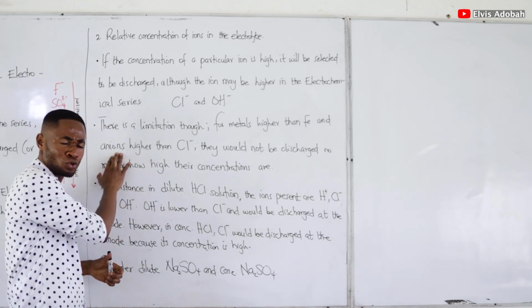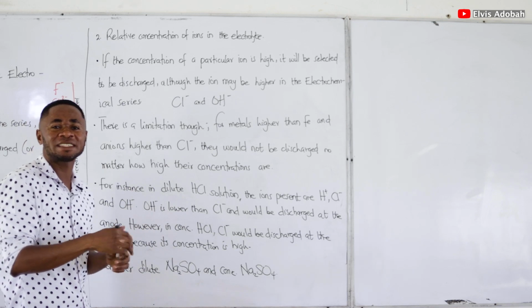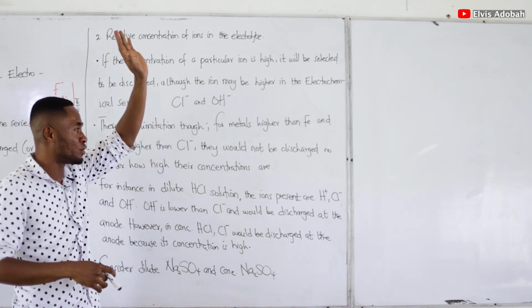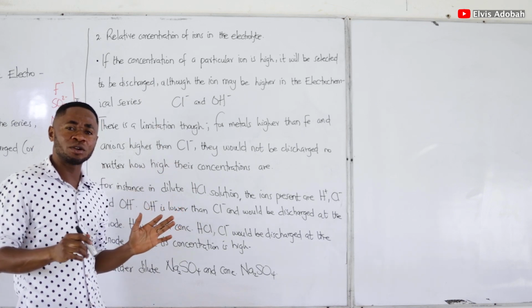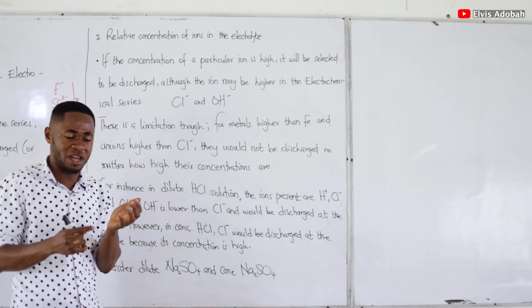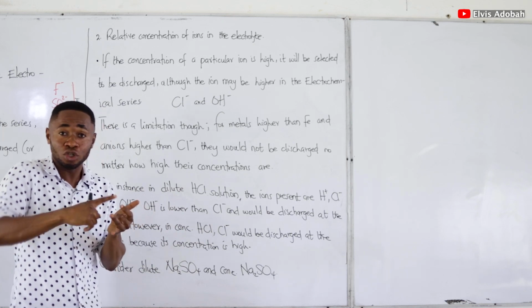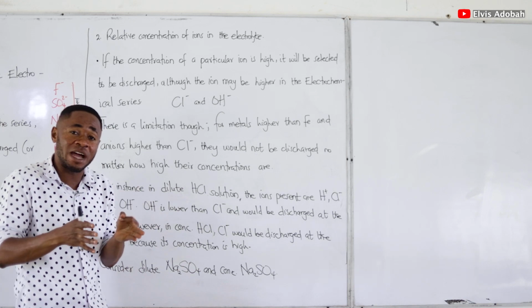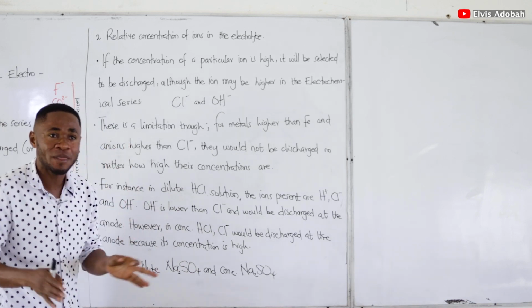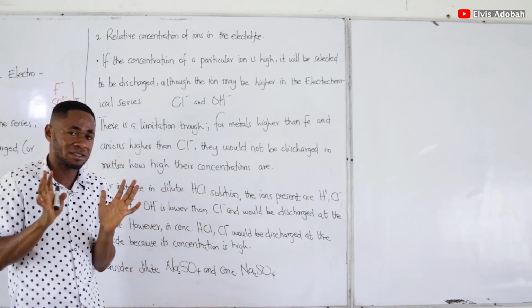Now, for the anions too, if the anion is higher than chloride ion, this rule would not hold. So the anions higher than chloride ions, we have the nitrates, the sulfates, the fluoride ions. For them, even if their solutions are concentrated, they will not be selected to be discharged.